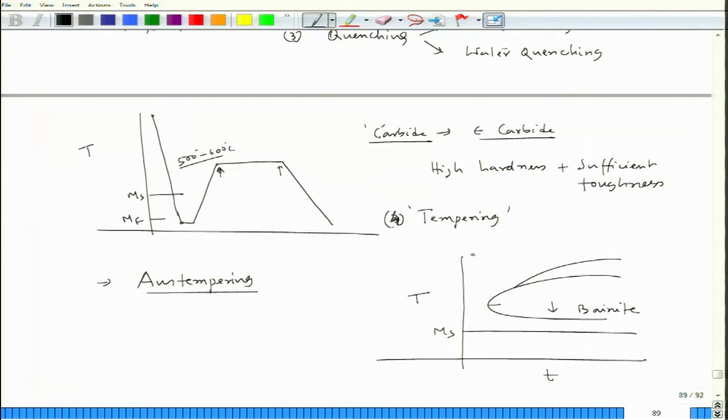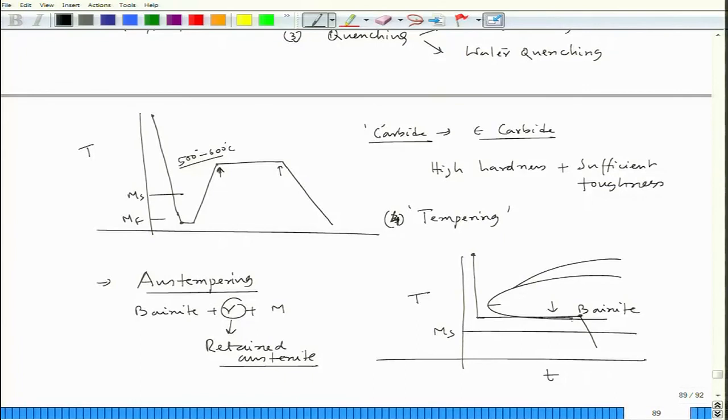Let us say I take it to this level and then we hold it and then we quench it. In this way we are going to get bainite plus austenite plus martensite, and this austenite we call retained austenite.